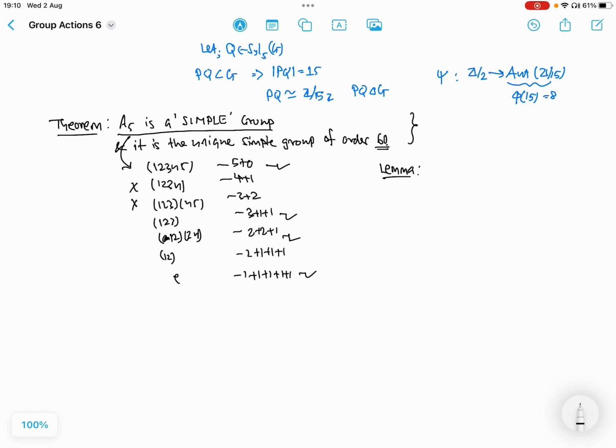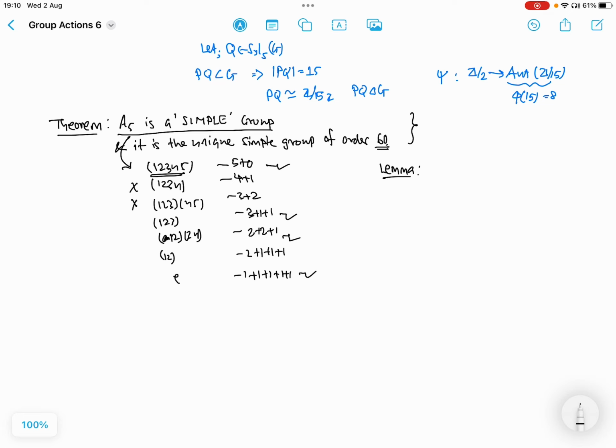But the only thing to consider is whether all those classes will be inside A5 or not. That is the main question. For example, if you take the class with representative this 5 cycle, the question is whether all of that class belongs to A5, or there is some element which is not inside A5, some odd permutation. That is the main question, right?